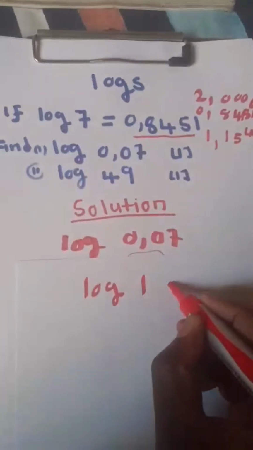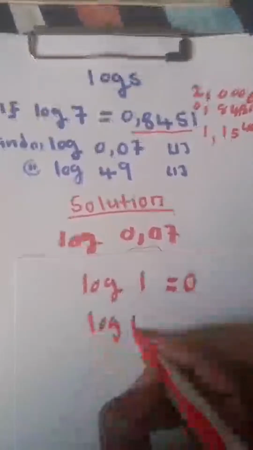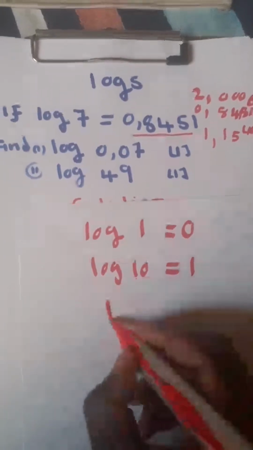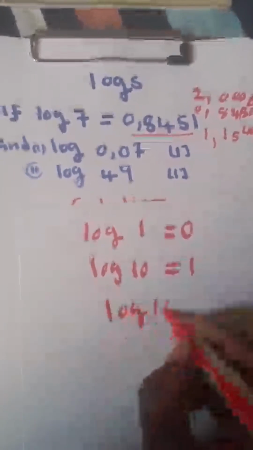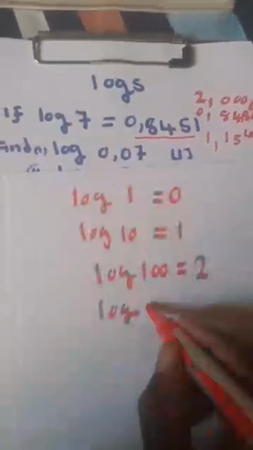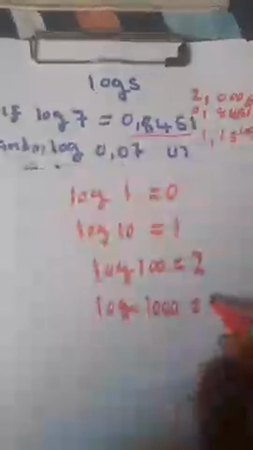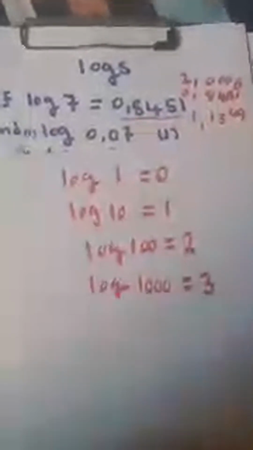Log 1 is equal to 0, then log 10 is equal to 1, then log 100 is equal to 2, log 1000 is equal to 3.